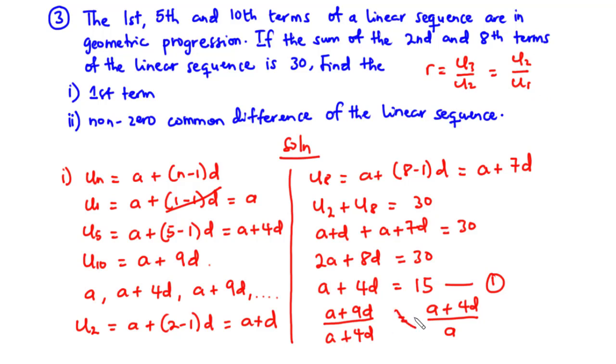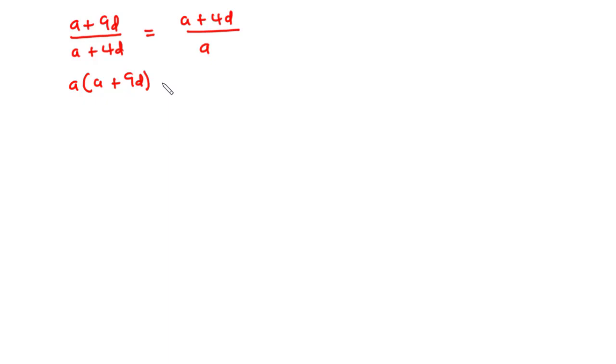We are going to cross multiply. Okay, so we had a plus 9d divided by a plus 4d equals a plus 4d divided by a. So we have a times a plus 9d equals a plus 4d times a plus 4d.